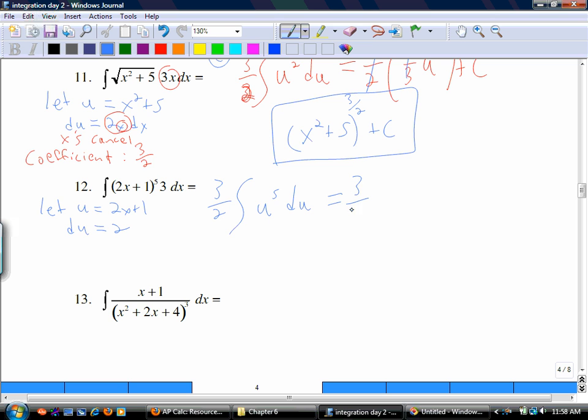That one's simple. You get 3 over 2 bracket u to the 6 over 6 plus c, and then just replace u. 3/12, (2x plus 1) to the 6 plus c. I mean, simplify these as much as you can, right? As much as you can. So I would put that to like 1/4.